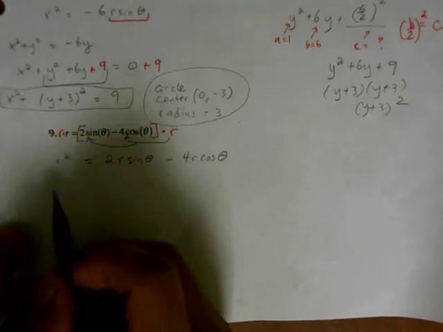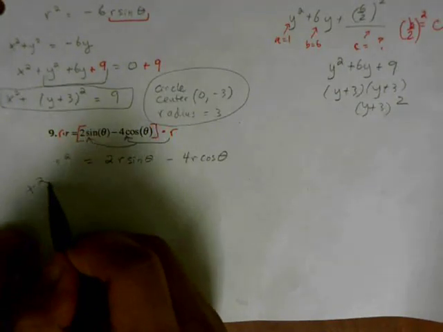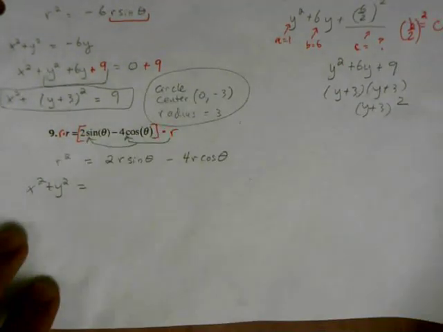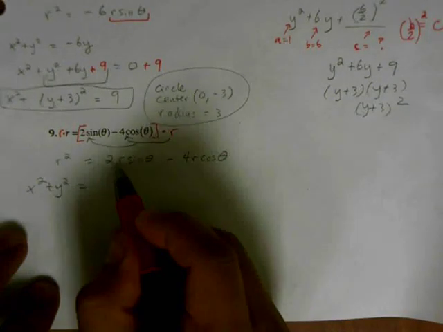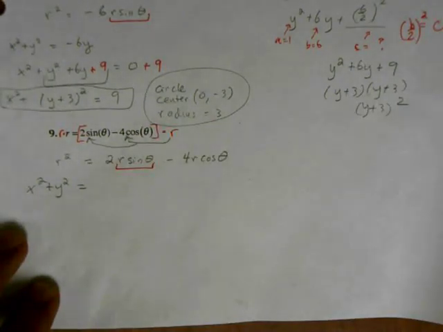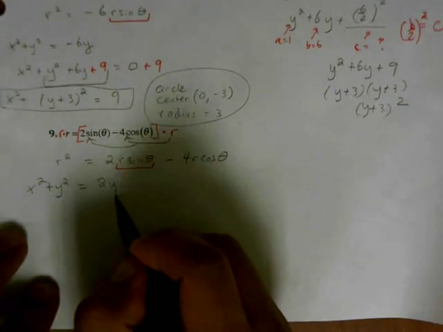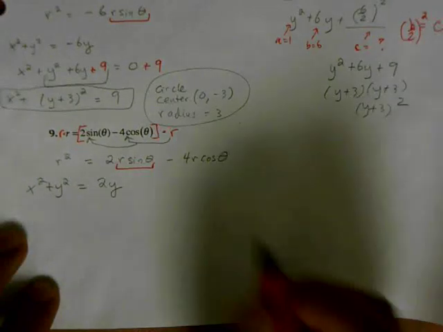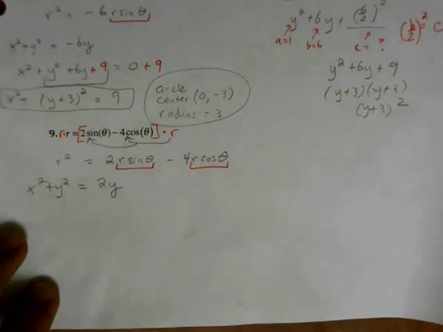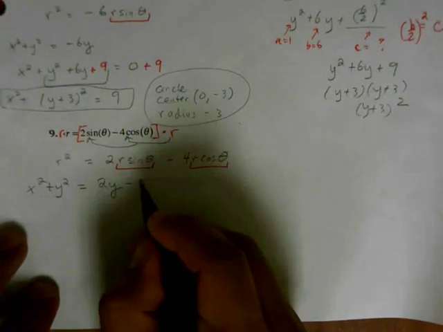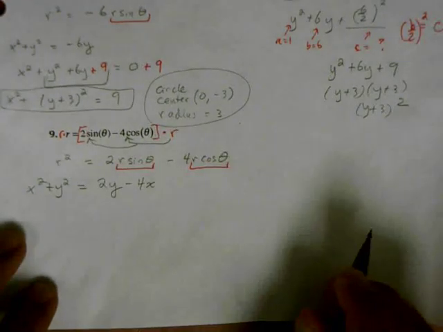Okay. So now I can use my conversion. r squared is really x squared plus y squared. And here you see I have r sine theta, so that will give me 2y. And then I have r cosine theta, so that's going to give me negative 4x.